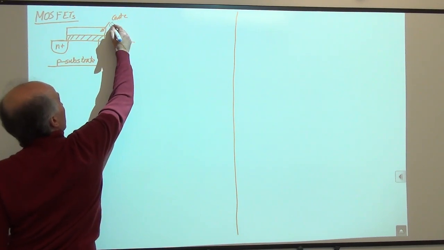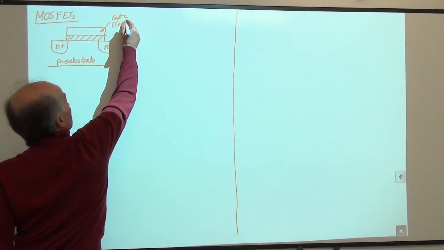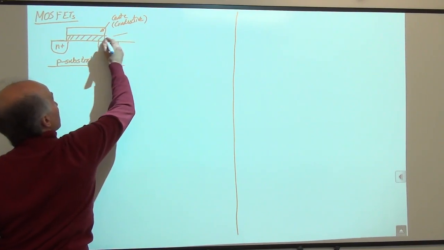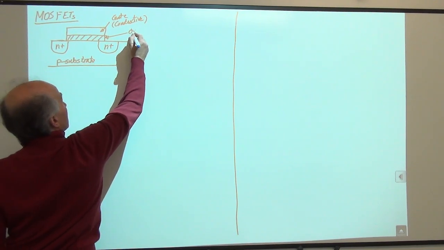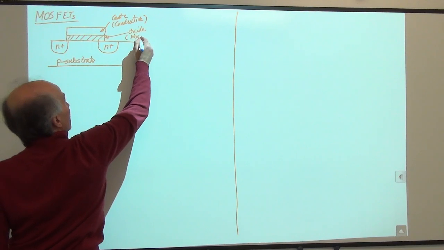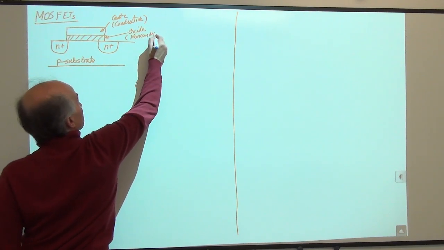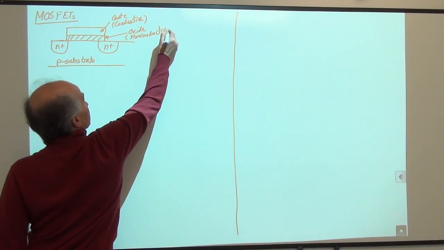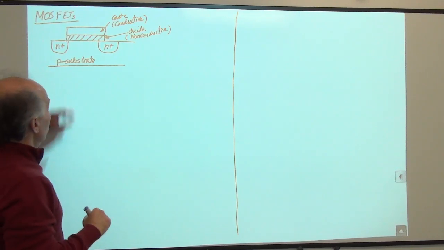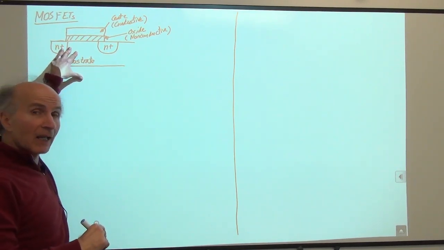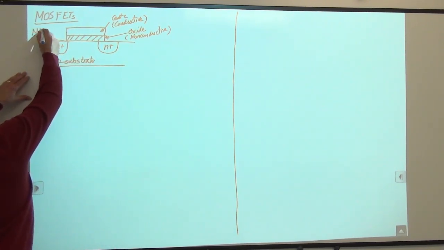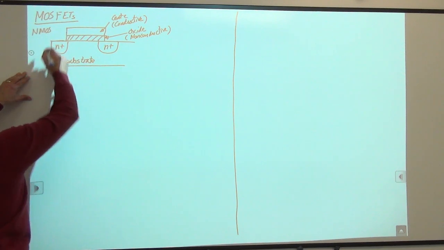This is an insulator, so it cannot conduct. And then we have this conductive material, which we call the gate. So this is conductive. It could be metal. It could be some other material. This is oxide. So it's non-conductive. All right? Okay. So what I have drawn here is an NMOS device. So we call this an NMOS device, N-type MOS.